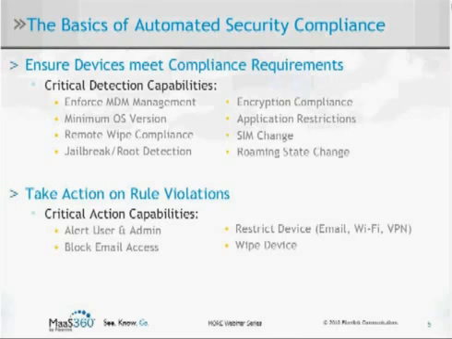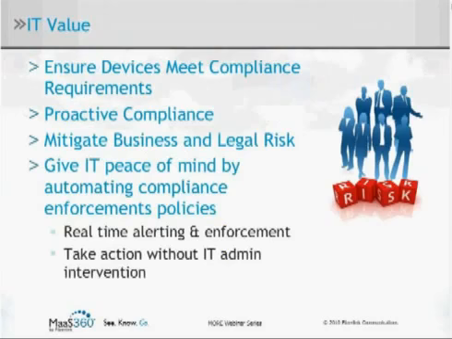Basically, block them from email, let them fix what the problem is, and then reinstate that access to email automatically. And in addition to the blocking of just email, you may want to block from additional corporate resources such as Wi-Fi hotspots or VPN integration, or like I said earlier, even wipe that device.